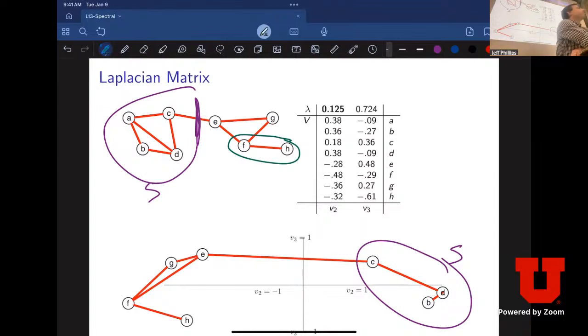For multiple clusters, usually the first eigenvector will help you find one split into two clusters.